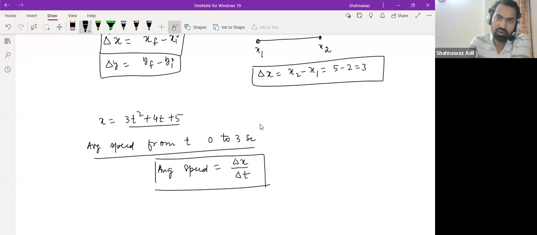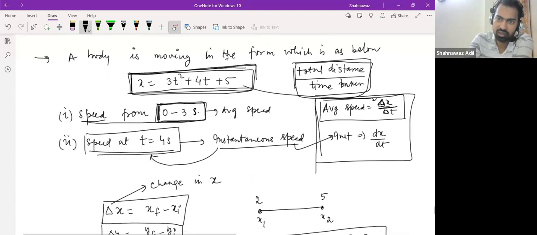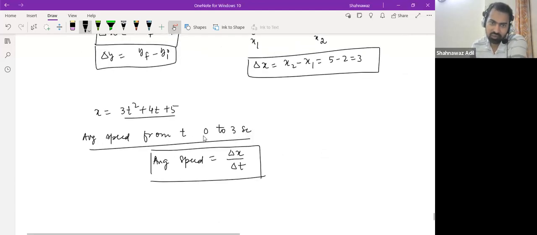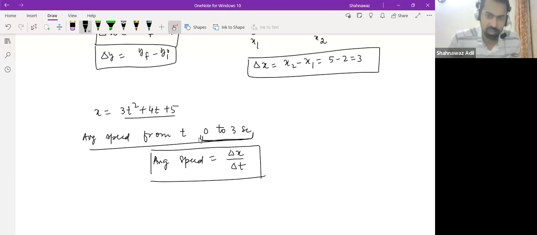We want to calculate the speed from 0 to 3 seconds. So they want us to calculate speed throughout the journey, not at some point.